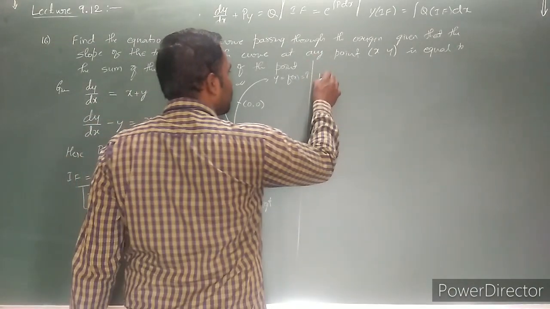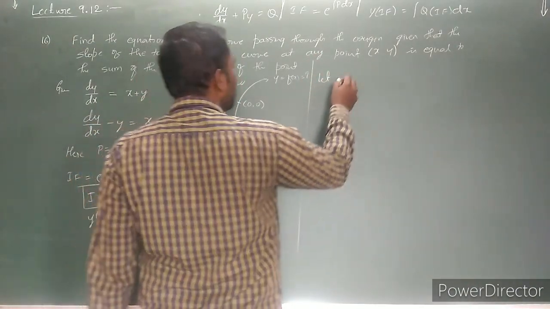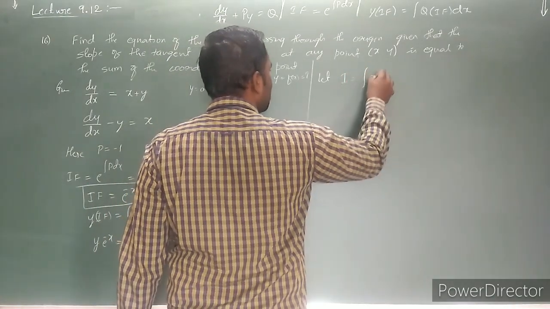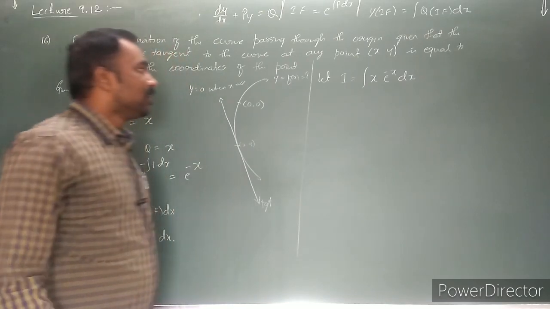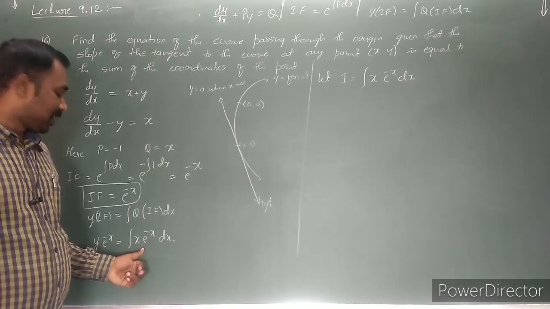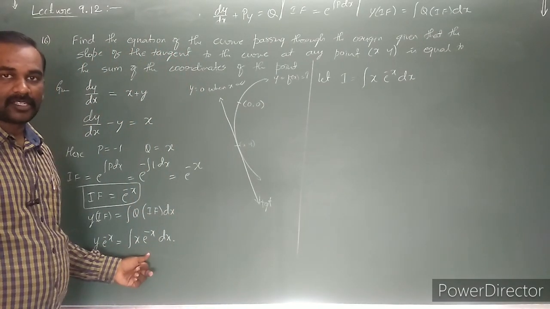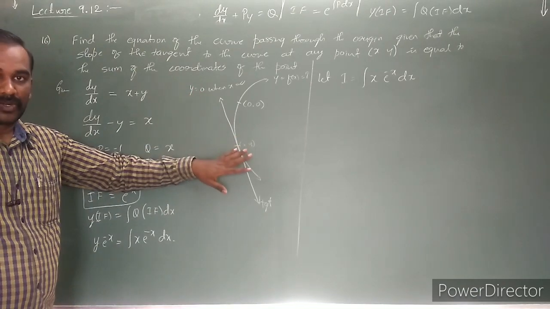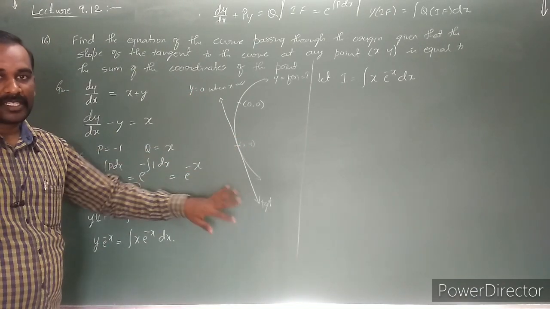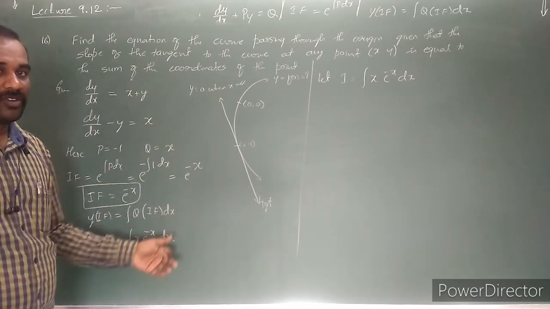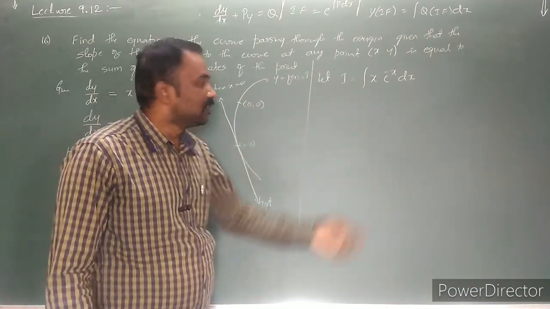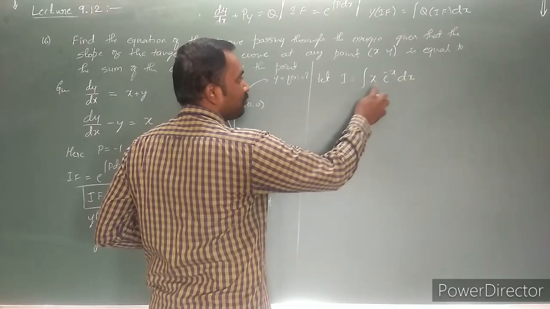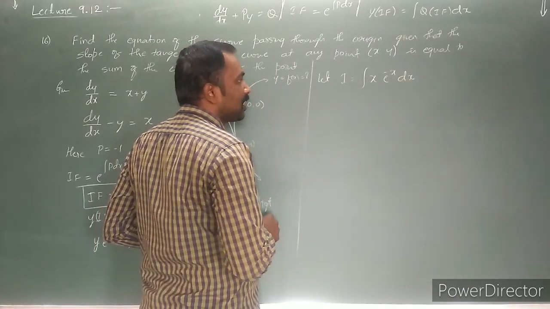Let I be the right hand side part: I is equal to integration of x into e power minus x dx. Why? Because e power x, whether we differentiate or integrate, we get e power x only. Here minus x is there, so e power minus x will not reduce. For that reason I take it separately as I. Now integrate: x is one function, e power minus x is another function.